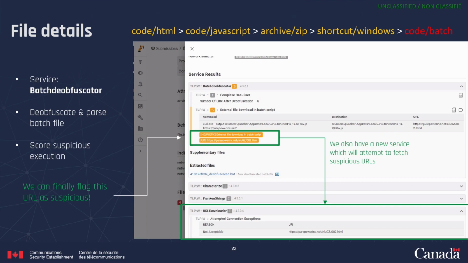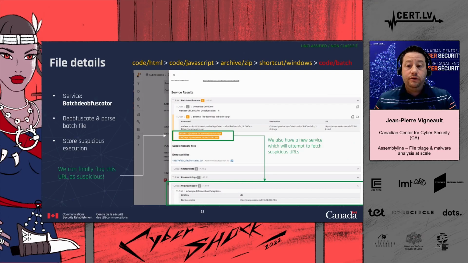In this case, because this is a suspicious URL, URL Downloader tried to fetch the payload. It couldn't get it, so it didn't continue the analysis. But if we were able to fetch something, we would continue the analysis and go deeper into it.